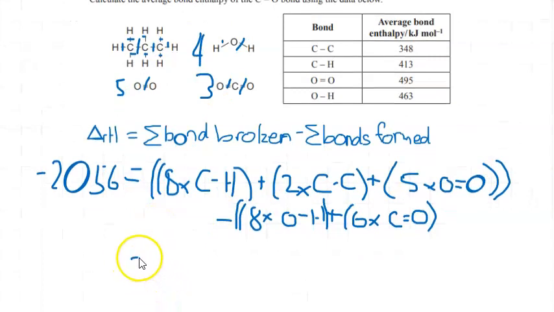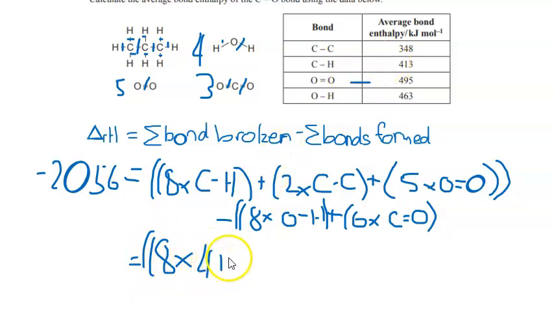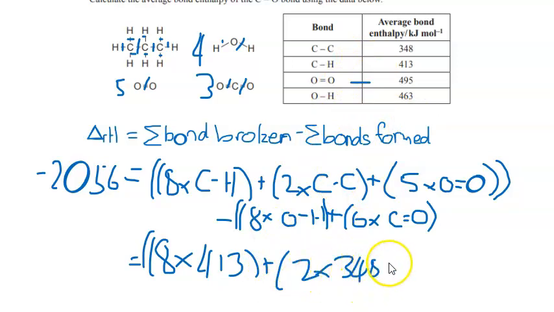So this equals 8 times C to H, which is 413, plus 2 times carbon to carbon, which is 348, plus 5 times O to O, which is 495. I'll just pause this, and we'll end up with the total values.